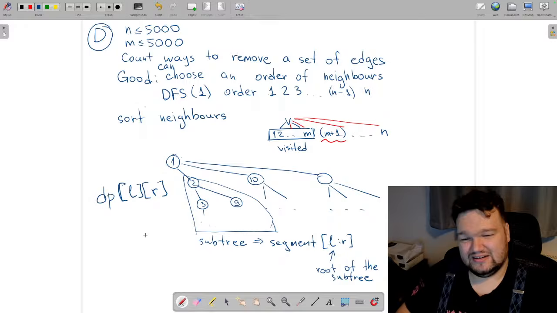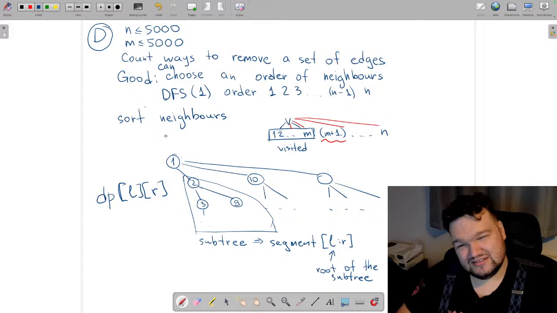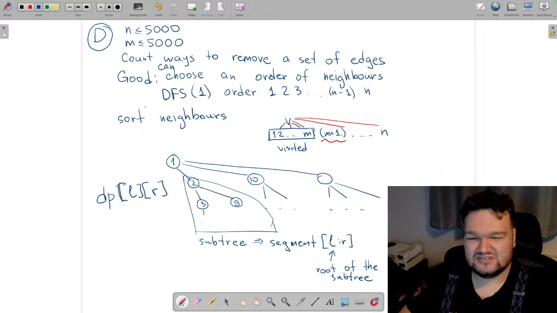Actually, this DP will be slightly different. Okay, I guess for the purposes of explaining, let's say that this DP is not the number of full subtrees.